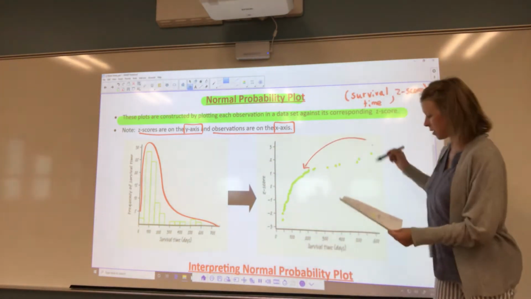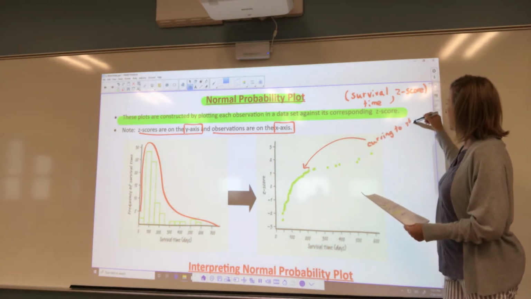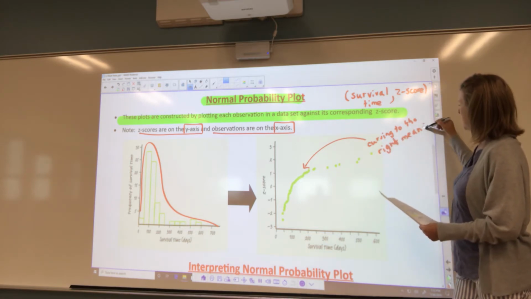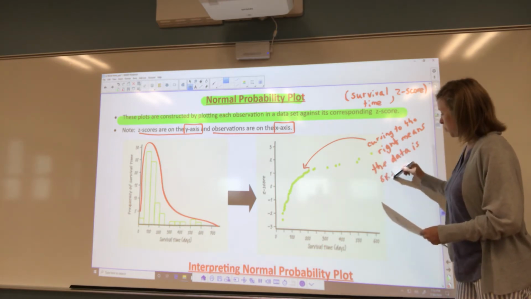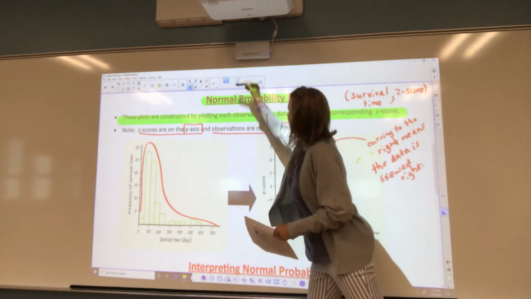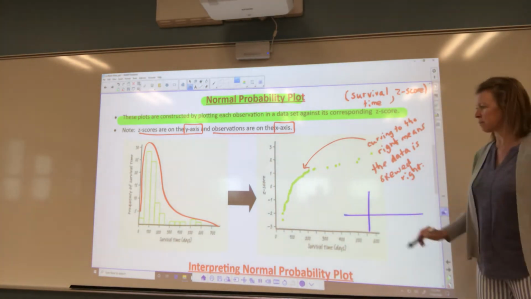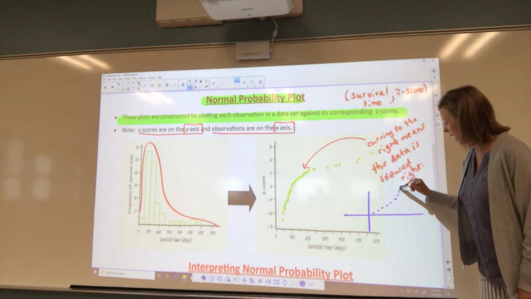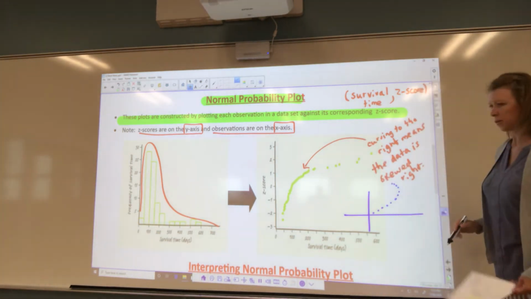So I want you to make that note: curving to the right means the data is skewed right. Incidentally, had the data been skewed to the left, I would expect my normal probability plot at the end to start taking on a little curve that goes to the left, okay?